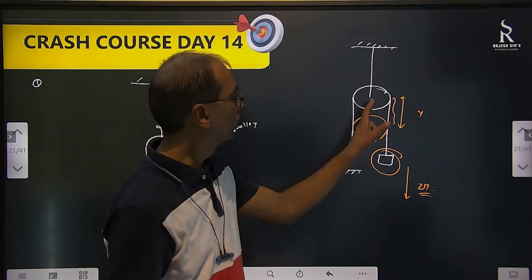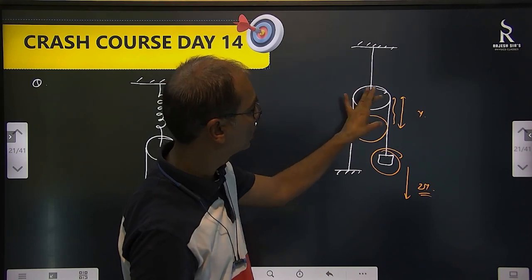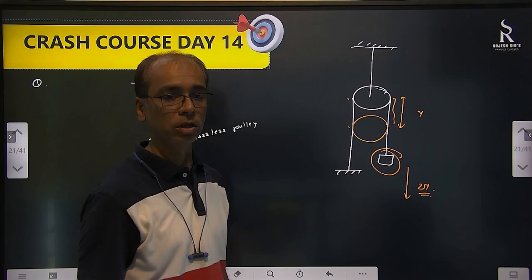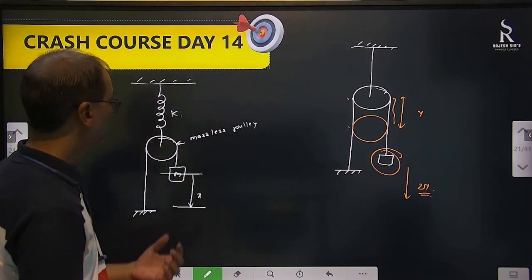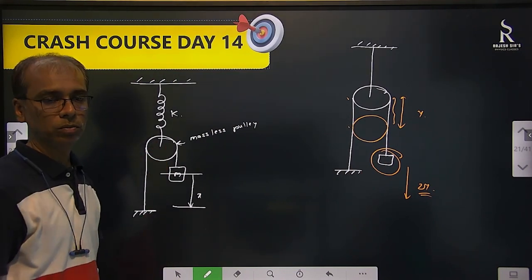Getting it? If this pulley comes down by y, this y length is going to be released, and this y is also going to be released. Where will it go? To this block. So if I say I am bringing the block down by x, then how much has the pulley come down? x by 2.